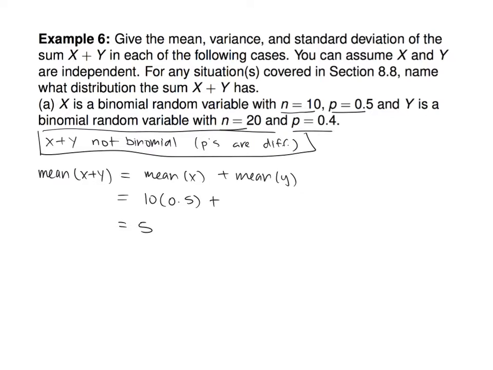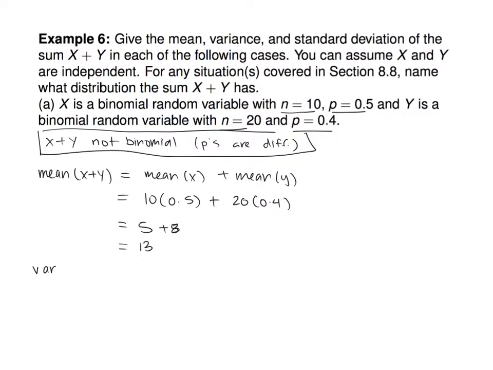And then how about for Y? 20 times 0.4, which is 8. Yeah, because 4 times 20 is 80, decimal goes over once, it's definitely 8. So the mean is 13.